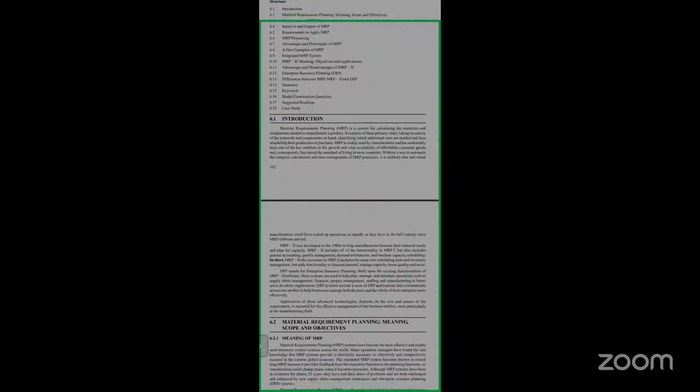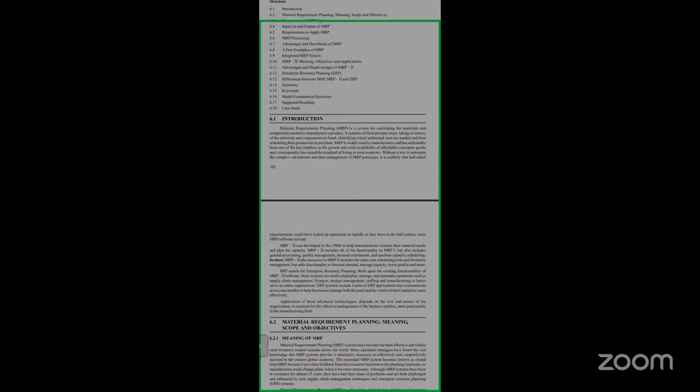So MRP2, that is manufacturing resource planning, was developed in the 1980s to help manufacturers forecast their material needs and plan for capacity, and also to include the functionality of MRP1. MRP1 is nothing but material requirement planning. And it also includes general accounting, quality management, demand estimations, and machine capacity scheduling.